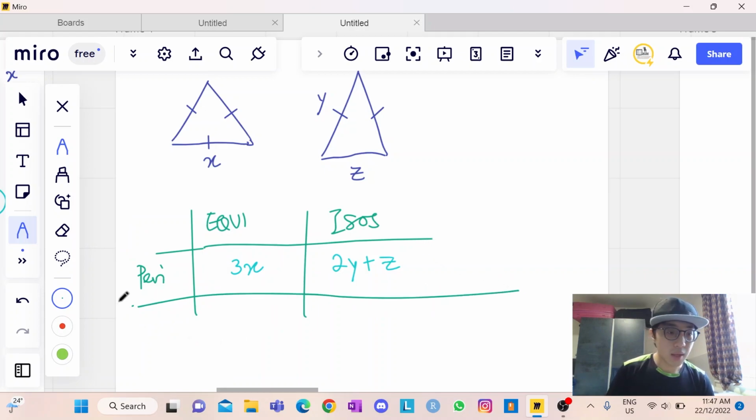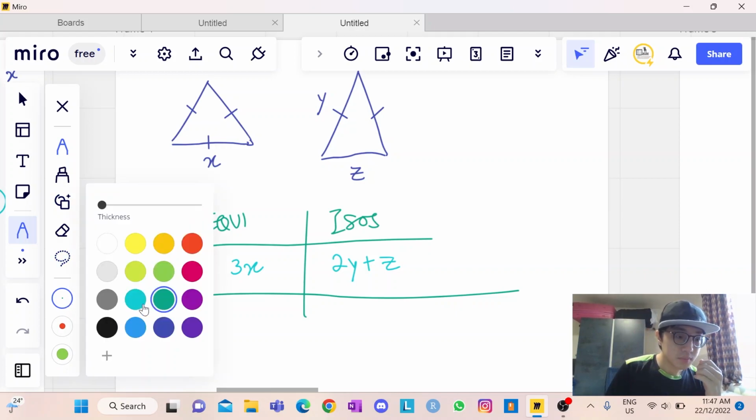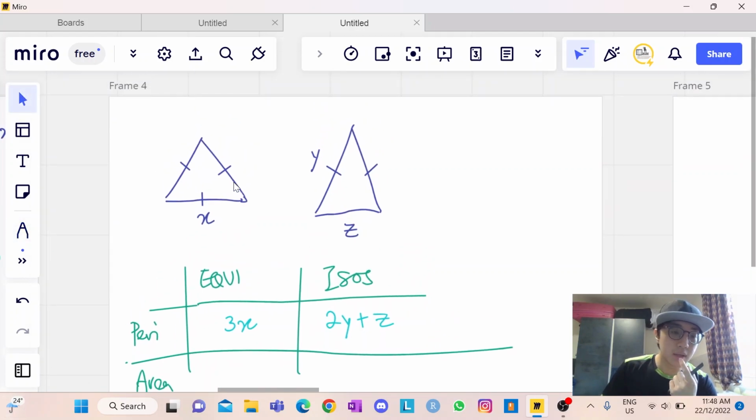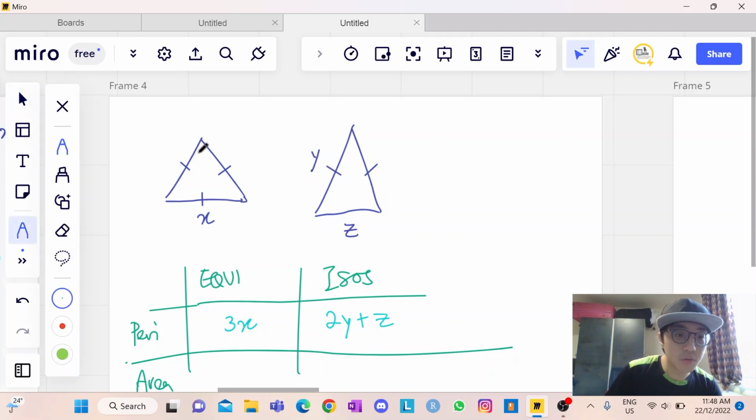Okay, and the second one is area. So for triangles, there is no height given here, because the base is x, but the slanted side is x too. The slanted length is not a height. Therefore, we will need to look for this right here, which is the height.